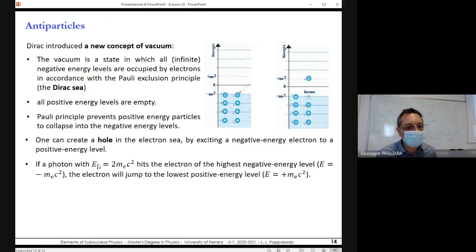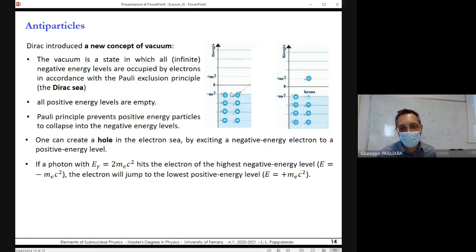So suppose now that indeed a photon with an energy equal to twice the mass of the electron hits the electron in the highest negative energy level. Then the electron absorbs the energy from the photon, and now the quantum jump is possible. So the electron will jump to the lowest positive energy level with an energy plus mc².